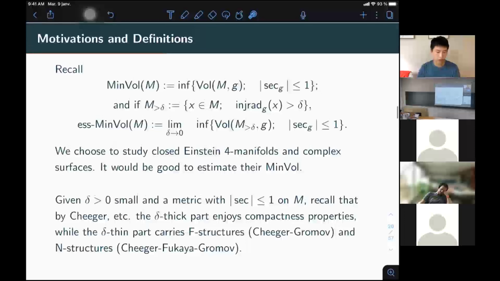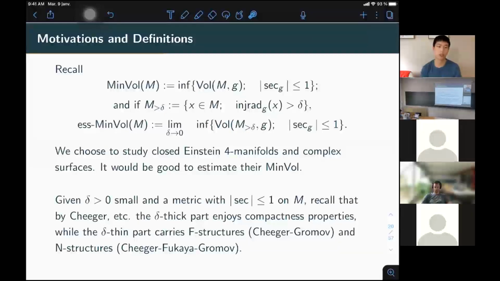And okay, some motivation here. Given a delta positive that is small enough, remember that if you're given a metric with bounded sectional curvature, then by the work of Cheeger, the delta-thick part, so the part where the injectivity radius is at least delta, is very well understood. It enjoys some nice compactness and finiteness properties. On the other hand, the thin part is globally complicated, but at least locally you can understand it very well due to the collapsing theory of Cheeger, Fukaya, and Gromov.